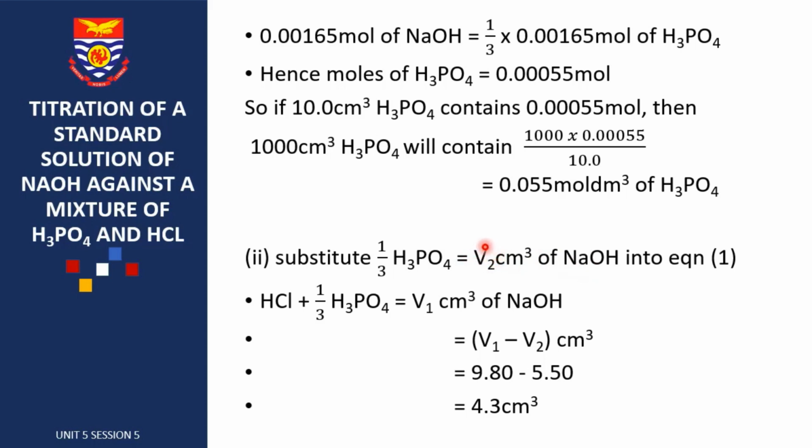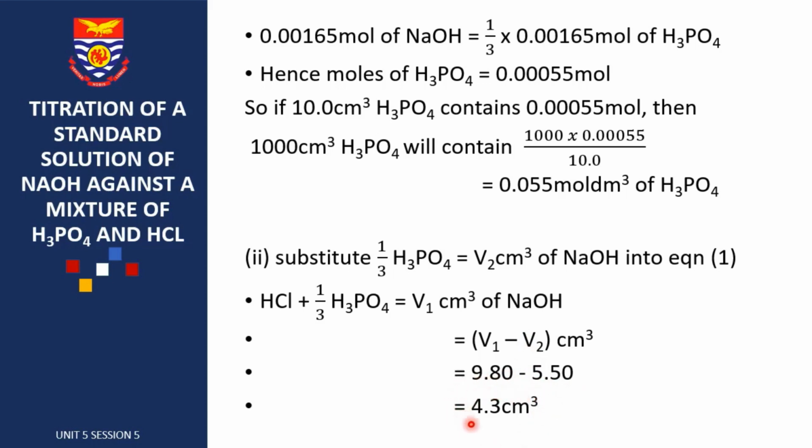So we just have to do substitution. We replace this 1/3 H3PO4 by this V2. So when we put it there, then we can take it to the other side of the equation, and we have this. So what is left is substitution. Let's put the values inside. We have V1 to be 9.8, V2 to be 5.5, and that gives us 4.3.